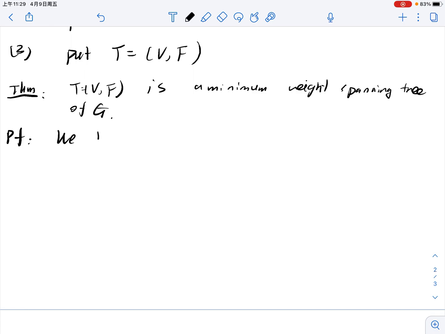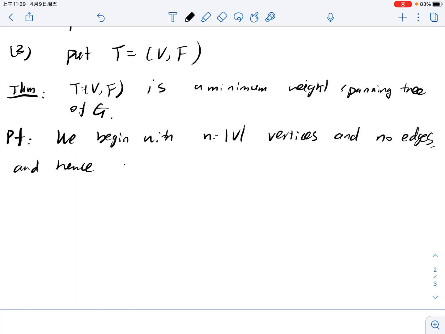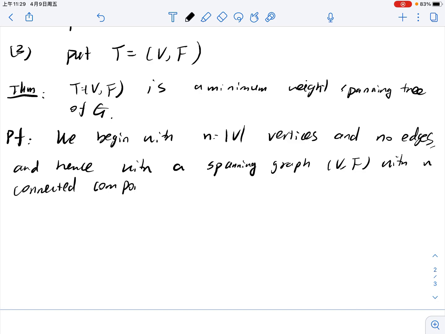So we begin with n vertices and no edges. And hence, at the very beginning, we have a spanning graph (V, F) with n connected components. Of course, here we assume G is connected.